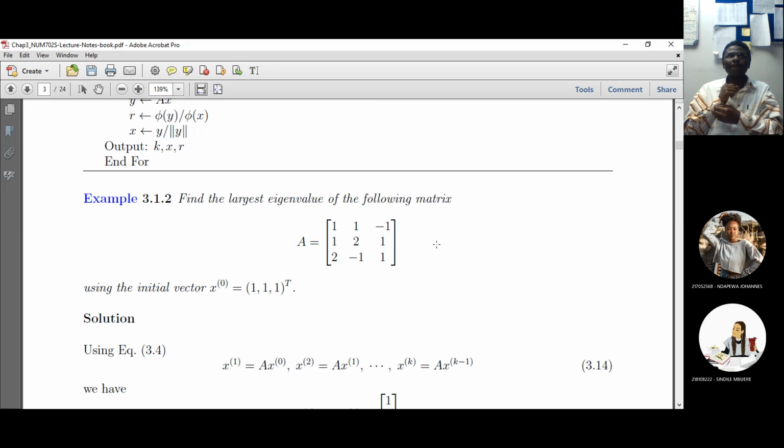Please, I want to make a remark, a caveat, a warning. The power method as introduced here is a variant of the power method as introduced in other textbooks. But I will come back to that second version of the power method as introduced in other textbooks.